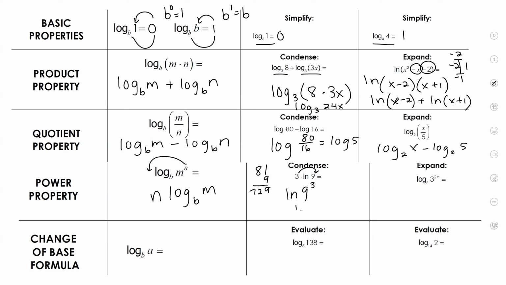So this is ln of 729. Next, I'm going to expand this one. So this exponent of 2x will come to the front. So this will be 2x log base 7 of 3.